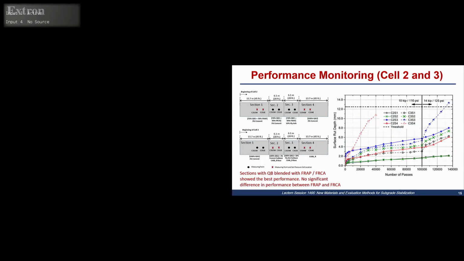This slide shows a summary of all the surface rut profiles from all the different test sections that were tested.